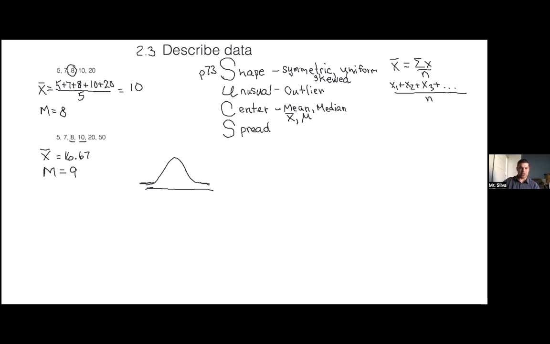This is symmetric, or we call it normal, but there would be symmetry here. So in 2.1, we learned to make histograms. And from the histogram, we can translate it into sort of a bell curve. So we have symmetric data, but the actual name would be normal.